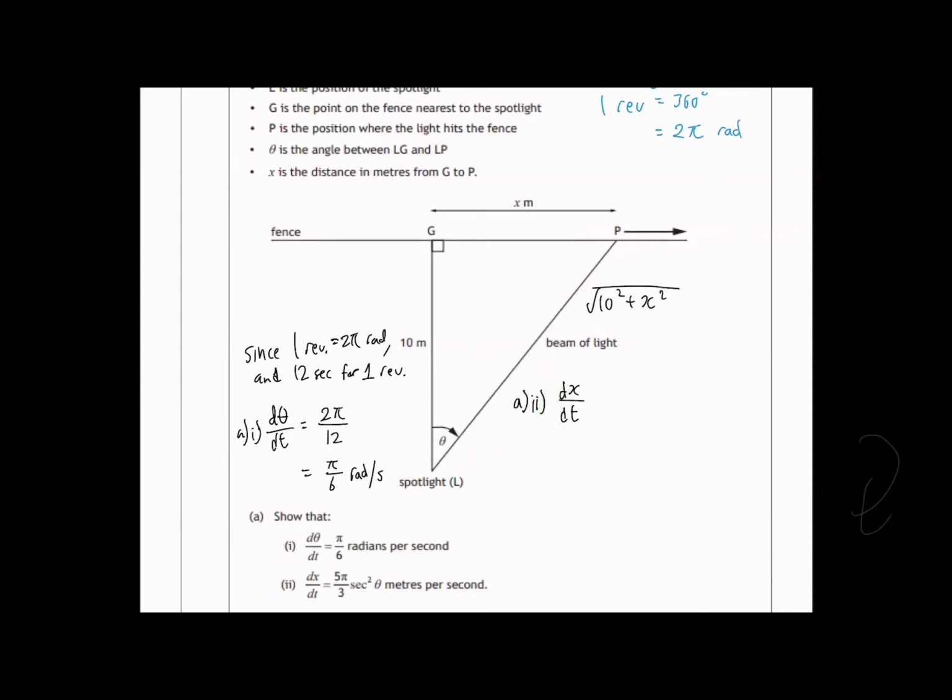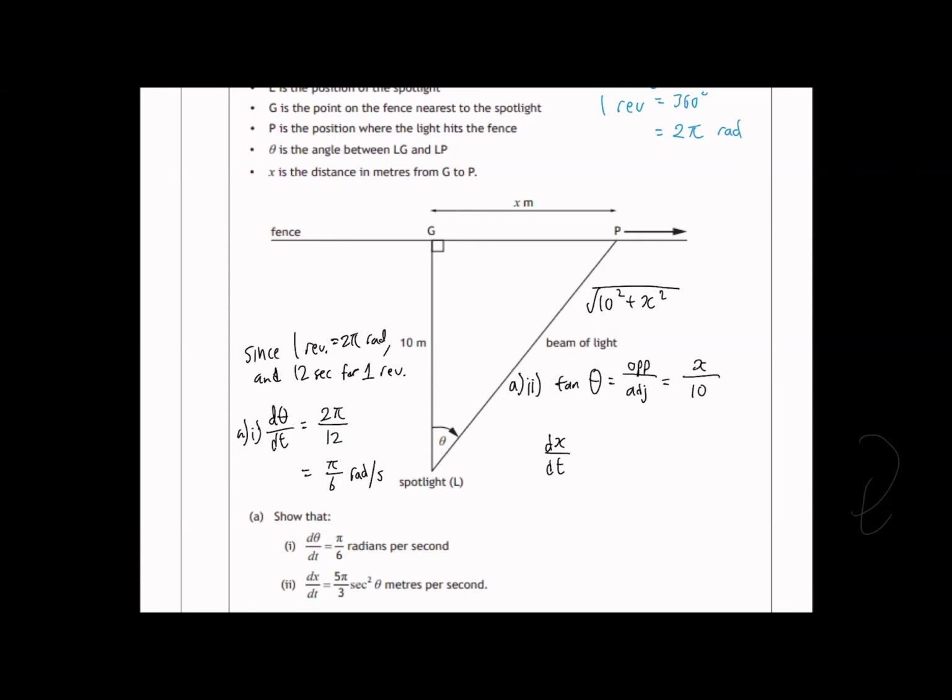Then how do you link it to dx by dt? Is there a way? Tangent theta equals opposite over adjacent, so x over 10.